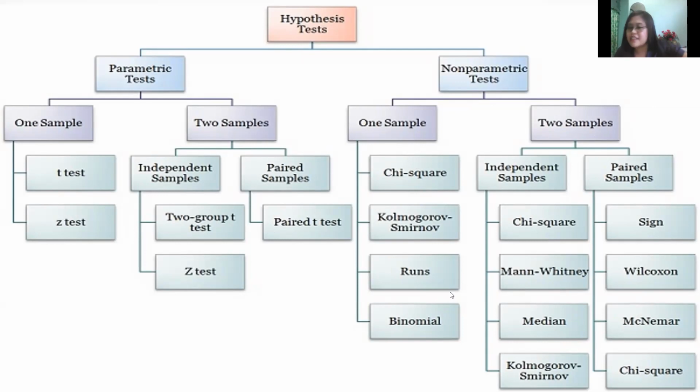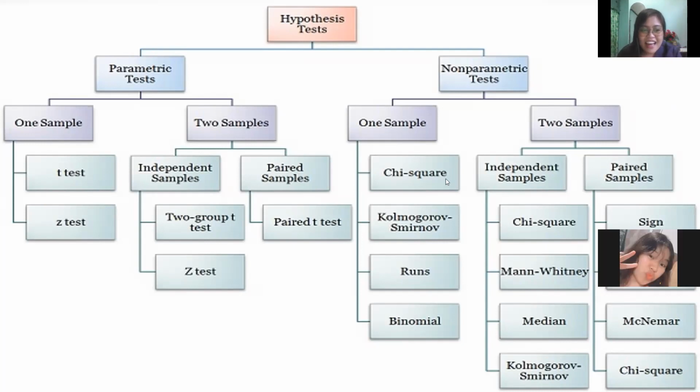We will discuss them one by one. And for two samples that are independent from each other, we have the following tests: the chi-square, the Mann-Whitney, the median, and the Kolmogorov-Smirnov test. And for paired samples, we use either the sign, the Wilcoxon, the McNemar, or the chi-square test. So there are quite a lot of them.